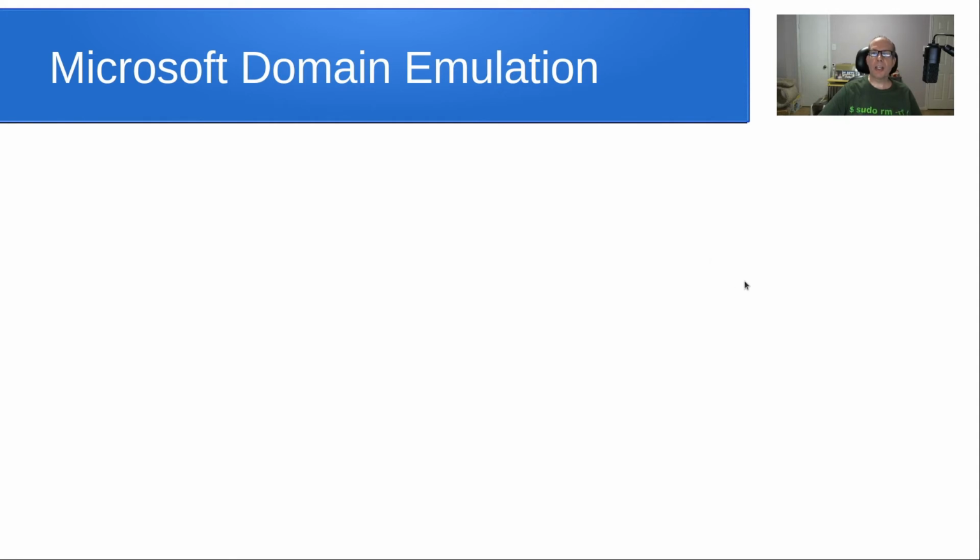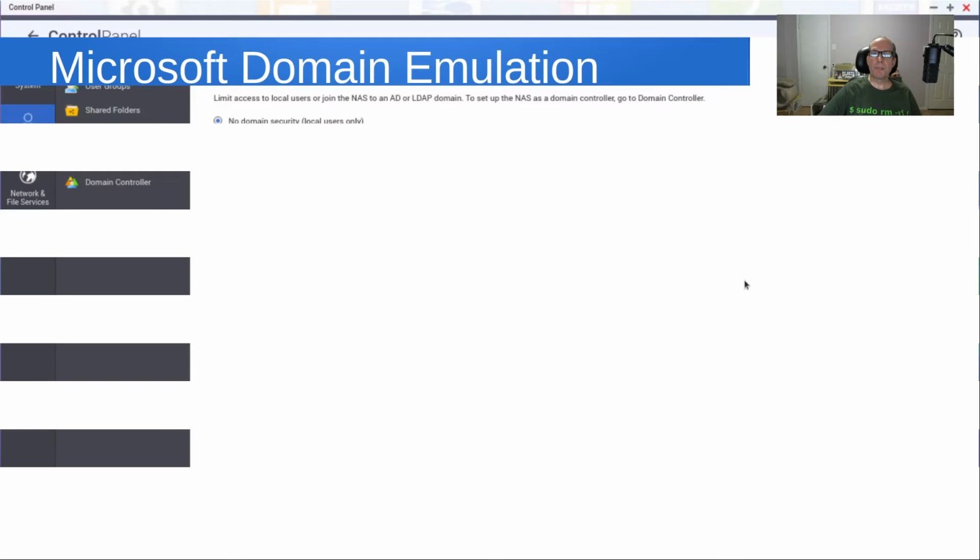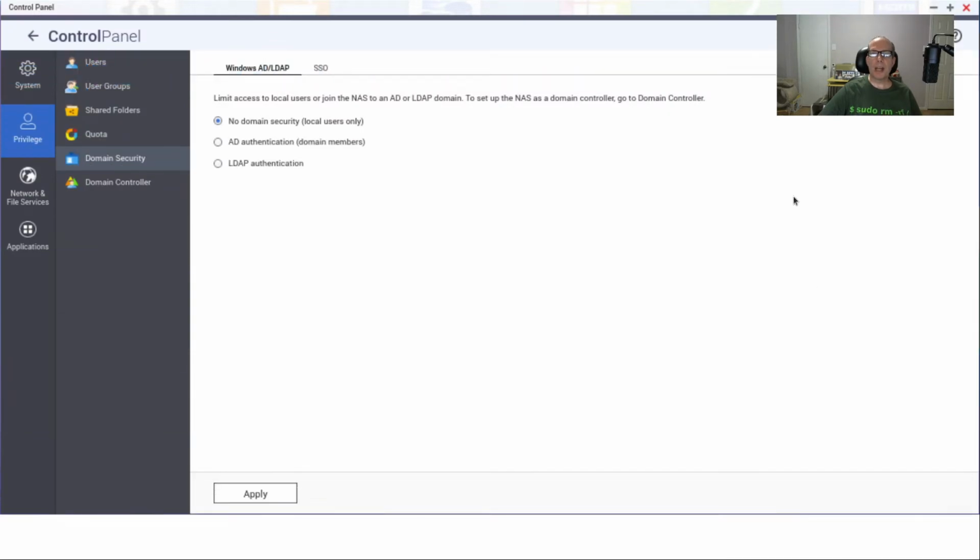So the next thing is Microsoft domain emulation. A QNAP NAS has the ability to actually fully emulate a Microsoft domain. And you can actually set up a Microsoft domain and you can enable whether or not you want it to do Active Directory domain authentication or whether you want it to use LDAP authentication.